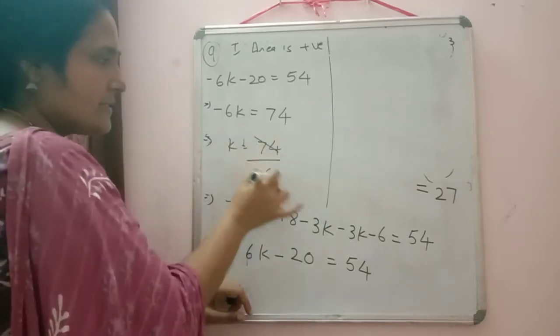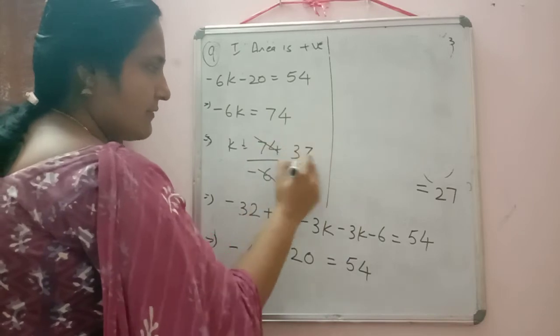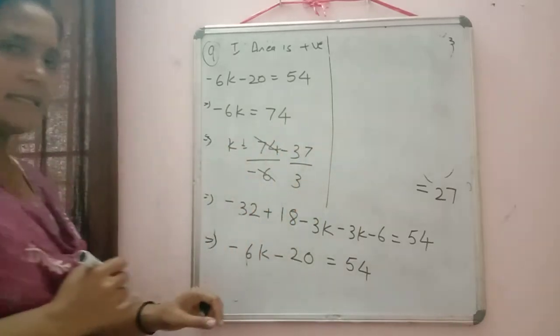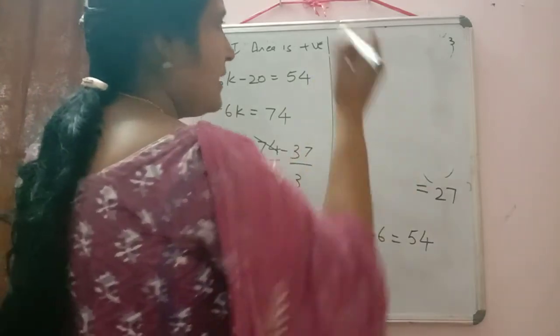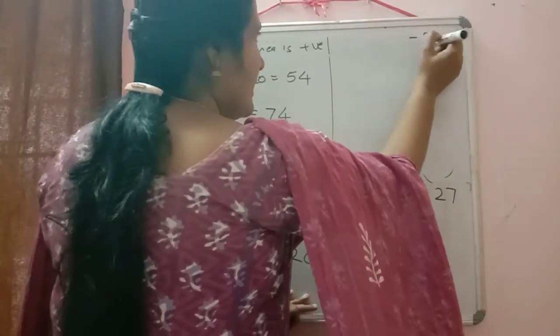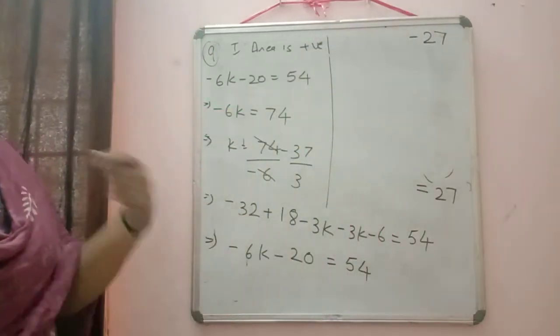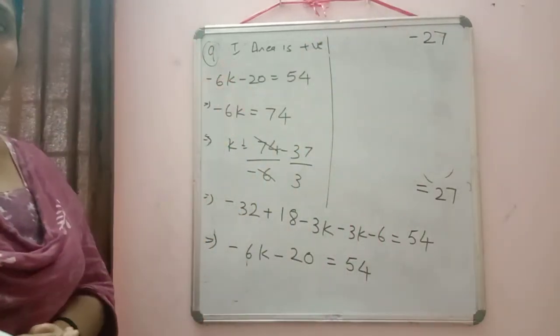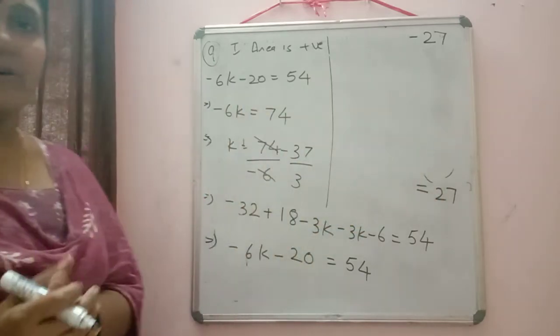Here we can cancel it by 2, so it will be equal to minus 37 by 3. Now suppose you got the area as minus 27. Then also, while writing the area, we will write positive 27. In the question they gave area is equal to 27.